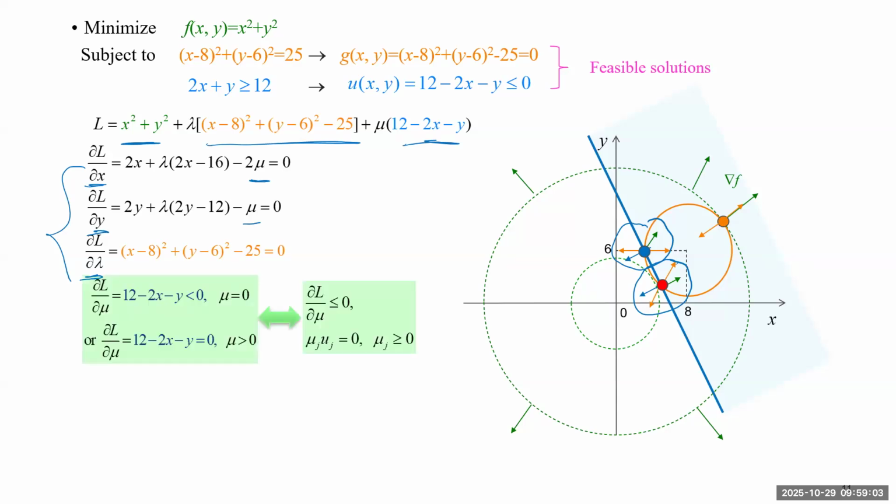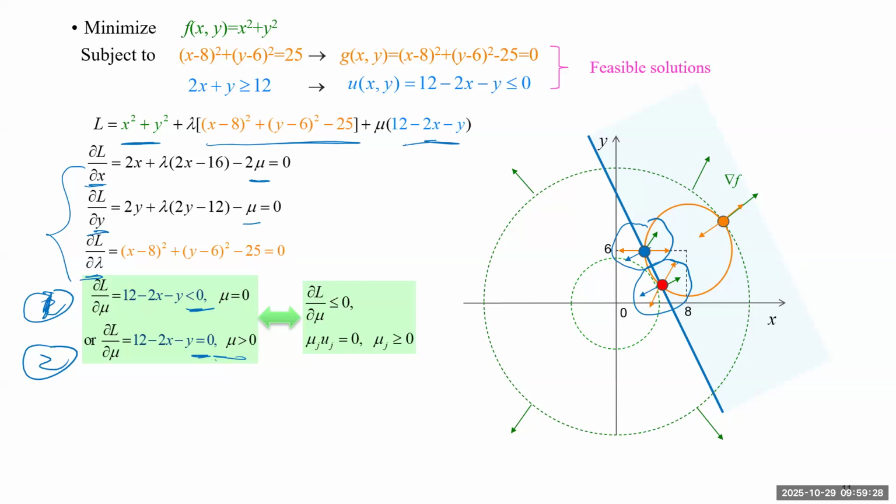Then for the partial L, partial lambda, we have to compare two cases. The first one is if this stays inside of this shadow area, so U will be negative. The second will be U equals 0, which is equivalent to the equality constraints.